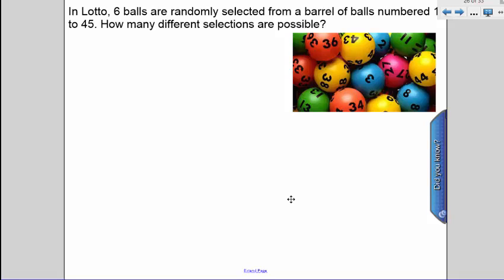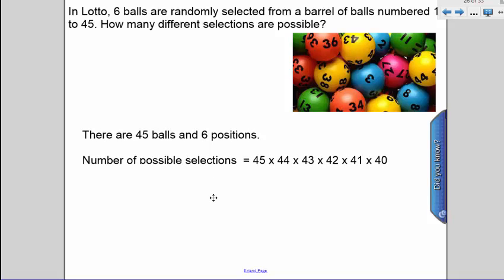How many different ways can we choose that first ball? There are 45 balls and 6 positions. So the number of possible selections is 45 multiplied by 44, by 43, by 42, by 41, by 40.